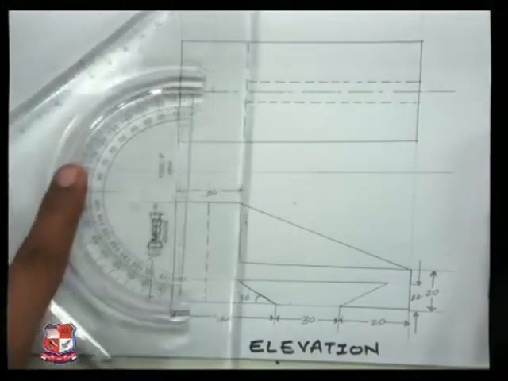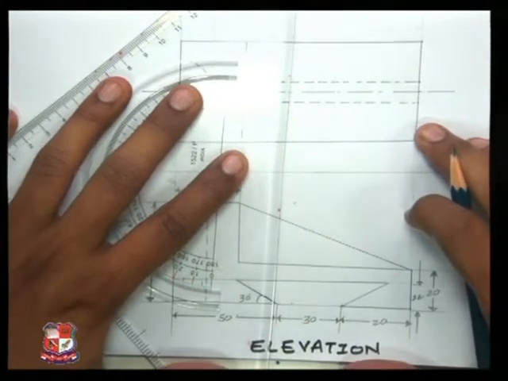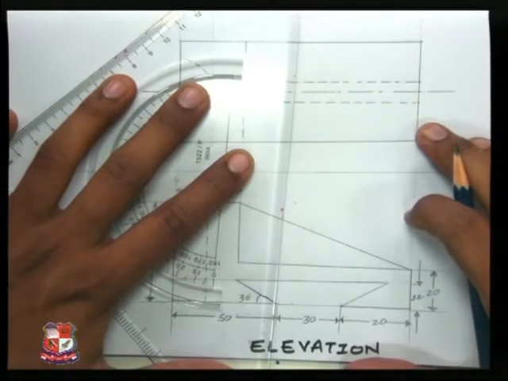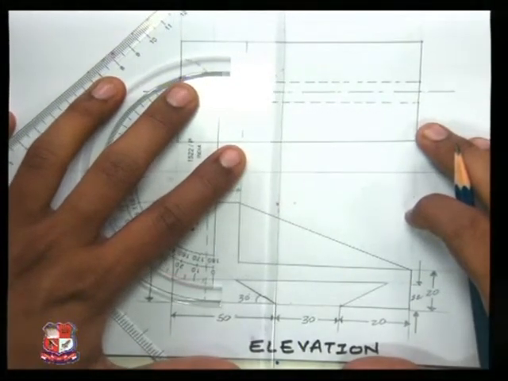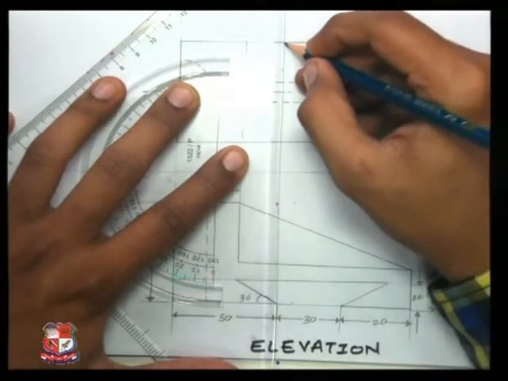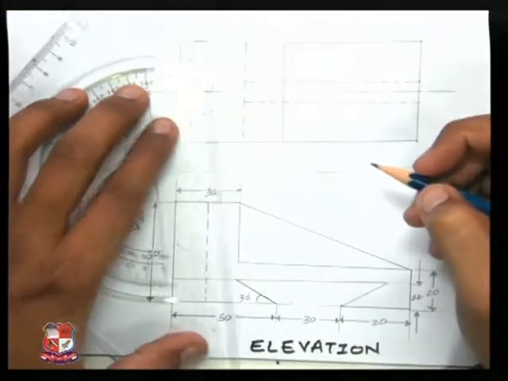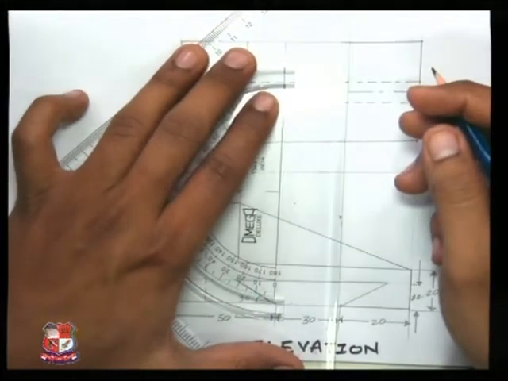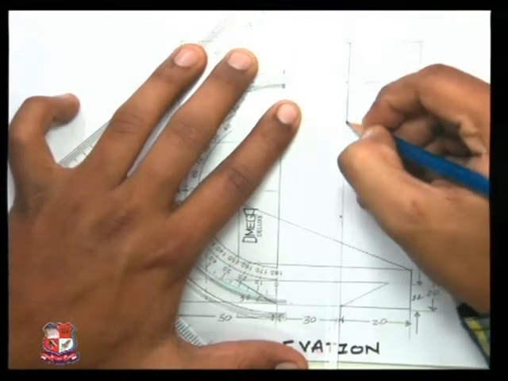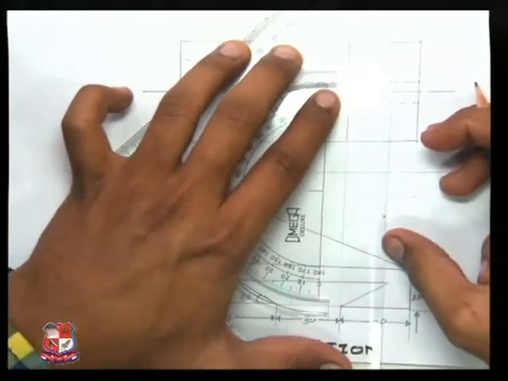So we will take projections of it. I have taken the projections of it and drawn the line directly. Same way for the other two portions as well.